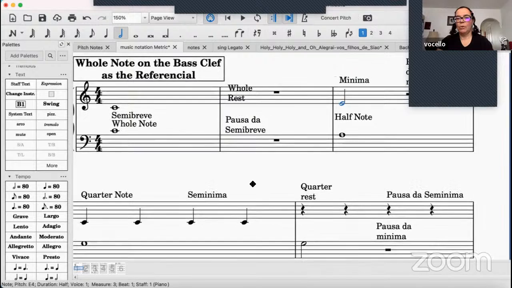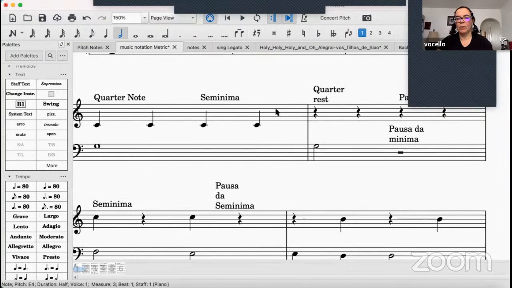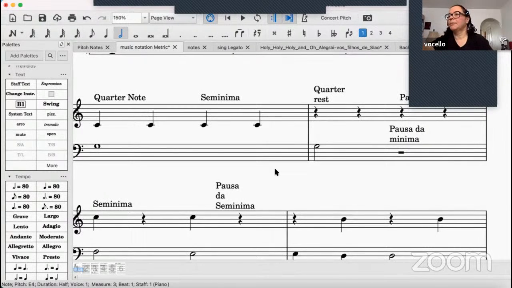So we have a whole note, half note, quarter note. The whole note is the semibreve, is the double of the minima. Minima is half of the whole note.